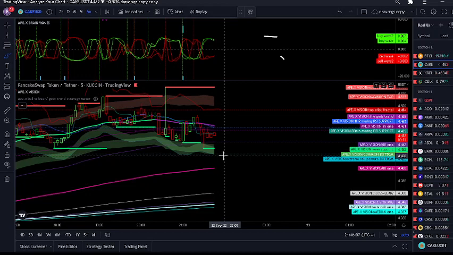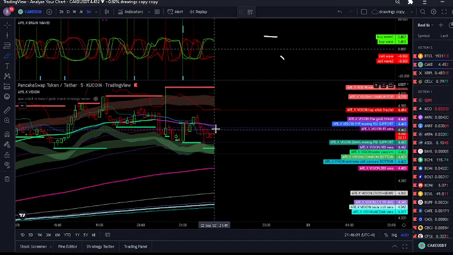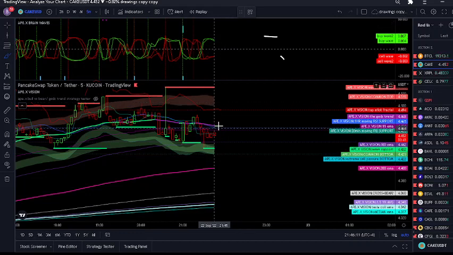But it shouldn't last long. It should just find the resistance right here. If that line comes down, it's gonna find resistance right here.